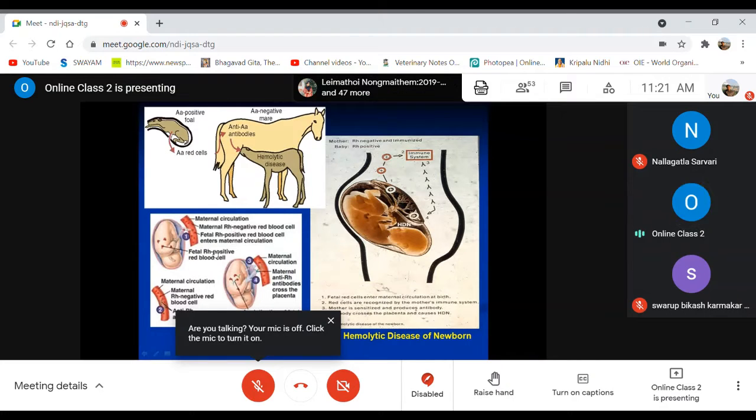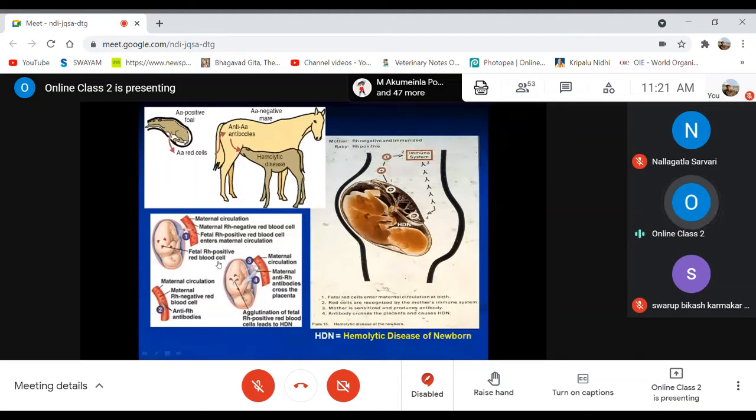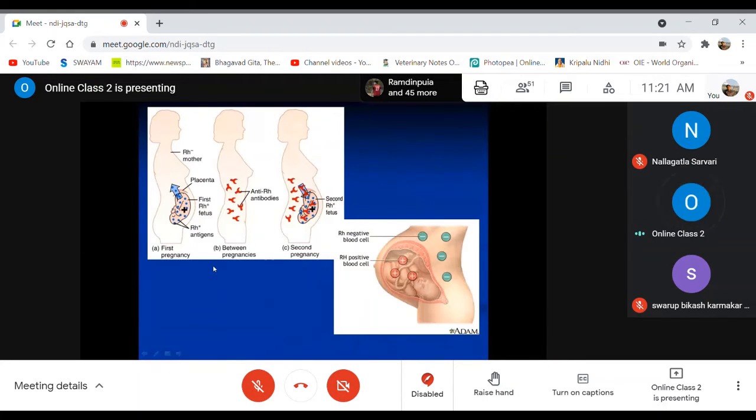This way, the mother receives Rh positive from the baby, and there will be production of antibodies against the Rh factor inside the blood circulation of the mother. For the production of these antibodies, let me show you the next slide, then I will describe properly here. Okay.